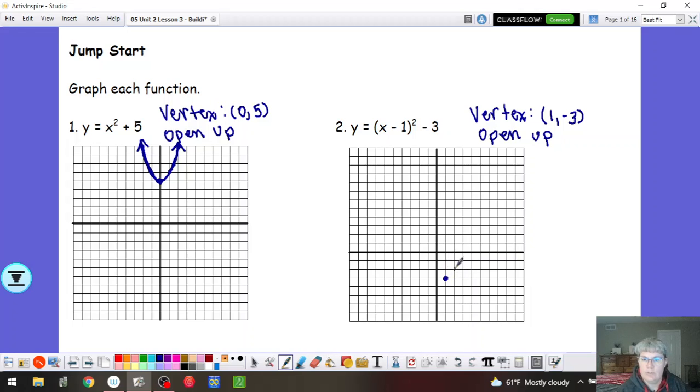So 1 unit horizontally is 1 unit up, 2 is 4, 3 is 9. And again, we have the reflection of those points on the other side of our, oops, I got those over 1 too far. On the other side of what would be the axis or line of symmetry that goes through the vertex. And we have our parabola.